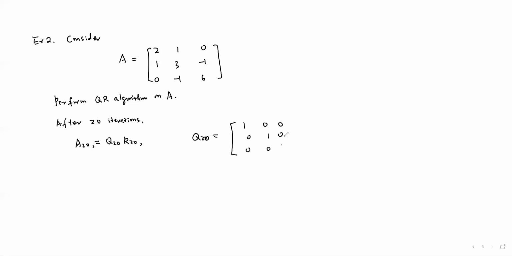Identity matrix. After 20 iterations, Q20 is the identity matrix.